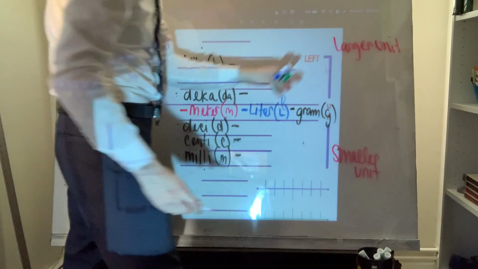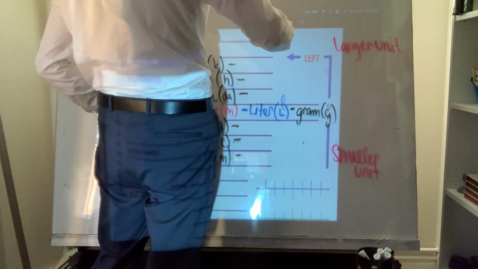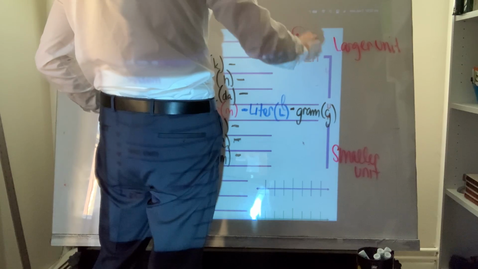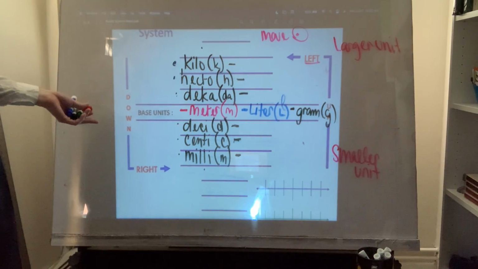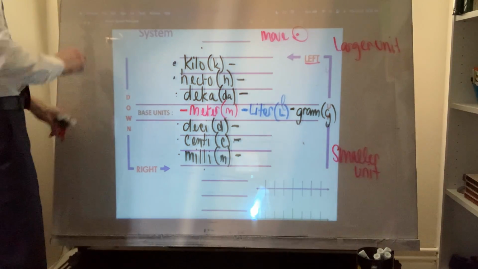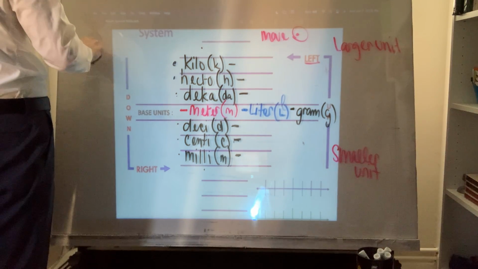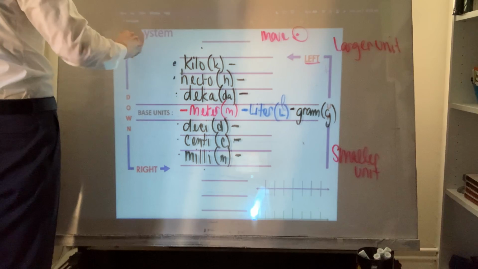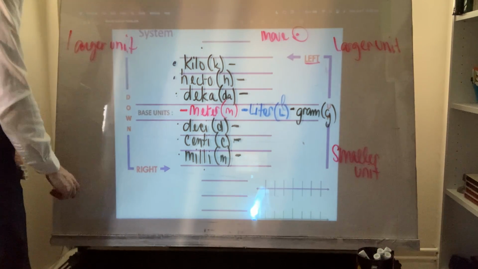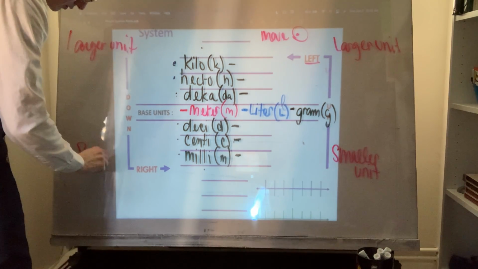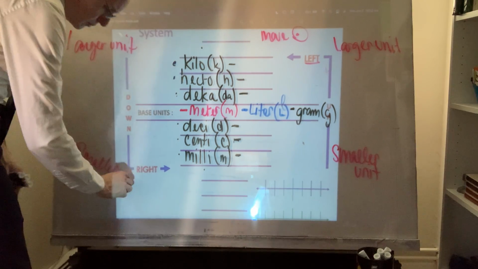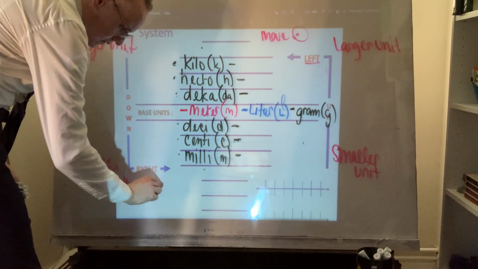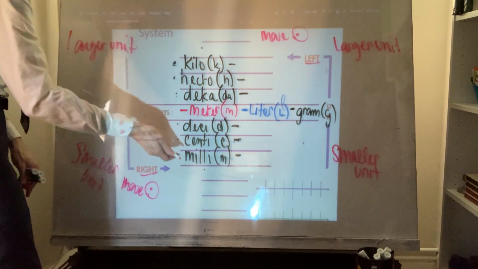essentially, you move the decimal point left. Right? That many jumps. Right? If you go from a larger unit down to a smaller unit, you move the decimal point towards the right.